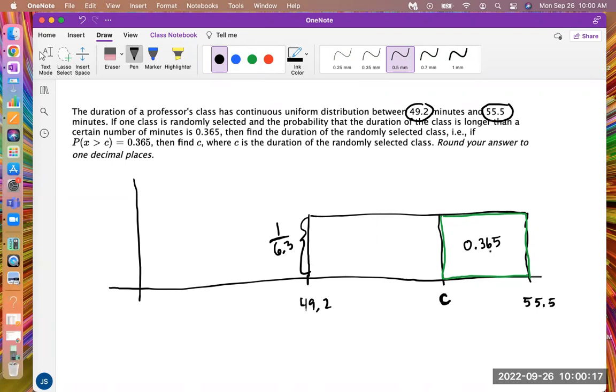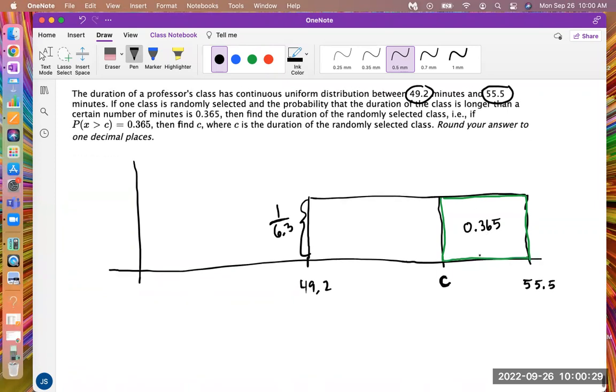We could do this problem using this 0.365. It's slightly not so nice, but it doesn't matter. We also could look at the situation and consider this other area, this area of this red rectangle right here. All of the rest of the area under this uniform distribution would be 1 minus 0.365.